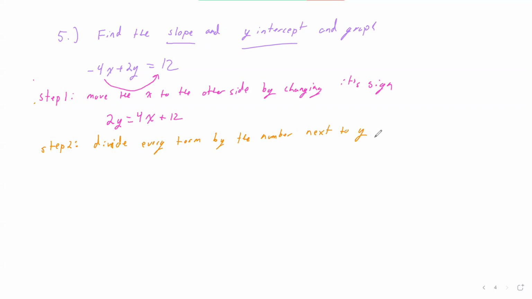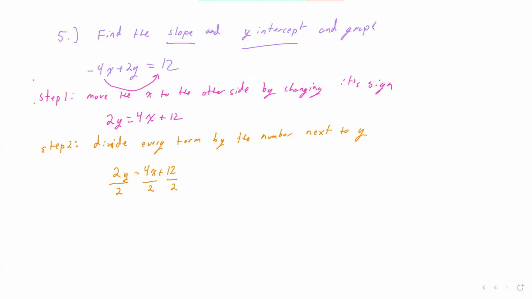I will say sometimes there is no number next to the y, so you are done after step 1. So sometimes you don't even have to do step 2. But let me show you what that looks like. I got my 2y equals 4x plus 12. So I'm going to now divide every term by that number that was next to the y, which happens to be 2.